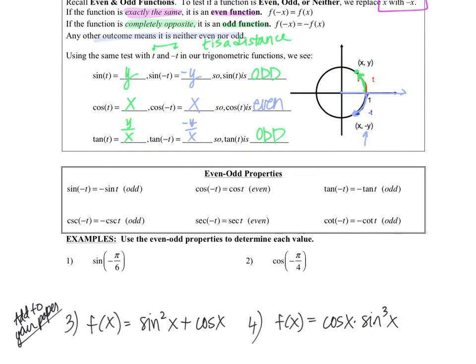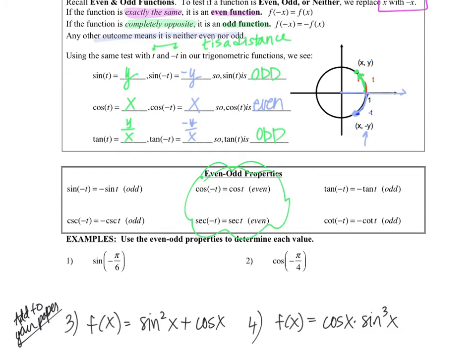Which means that the only even properties are cosine and cosine's reciprocal of secant. Everything else is odd.